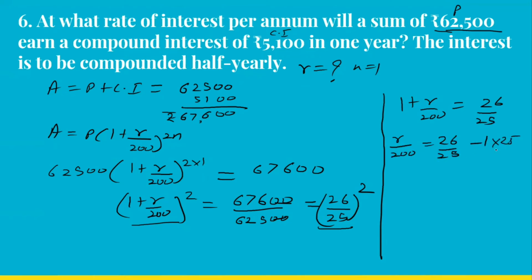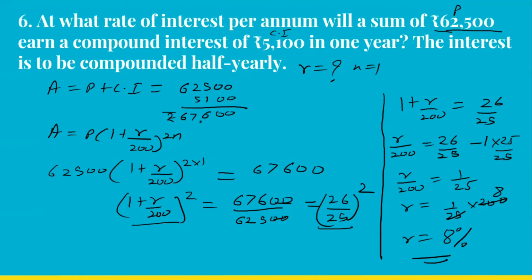So 26 minus 25, you get 1. So R upon 200 is equal to 1 upon 25. So R is equal to 1 upon 25 into 200. 25 8s are 200. So you get the rate as 8%. Got it? So this is how the rate is 8% per annum.